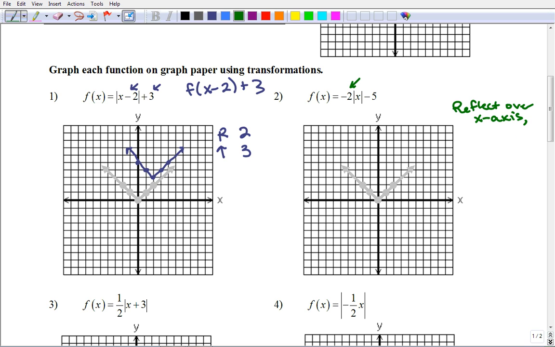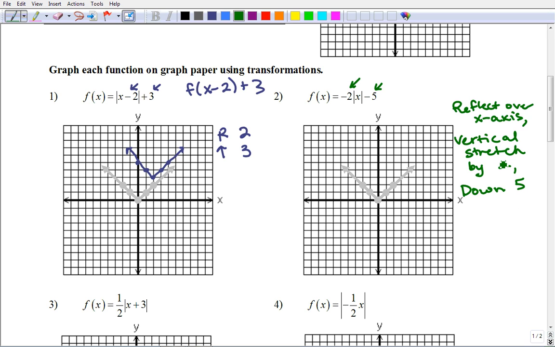We're going to multiply the y values by 2, so that means that we're going to do a vertical stretch, because we're using the y values and making them bigger, by 2. And then this minus 5 means we're going to go down 5.